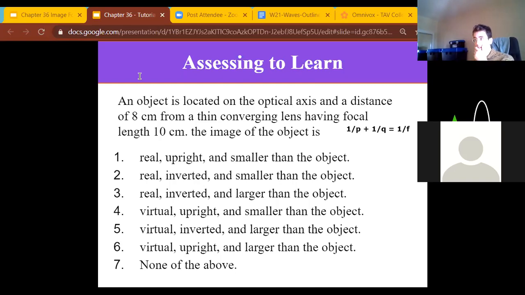So it's worth pointing out that for a converging lens, the focal length is always written as positive. So we go ahead and figure out what the Q is. We'd get Q equals F times P divided by P minus F. I'm just doing a little bit of algebra.